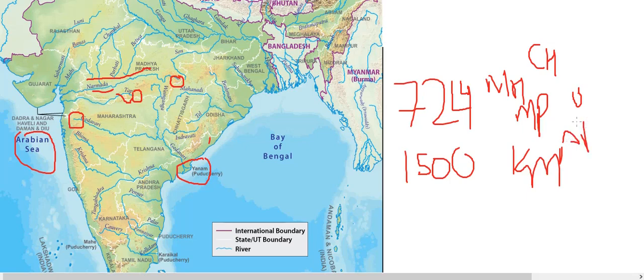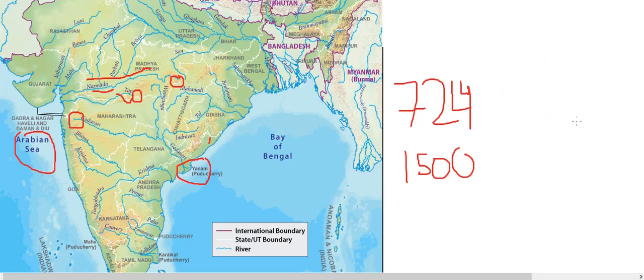Okay, so it's a very important river for peninsular India. Many dams and irrigation projects are under this system. Okay, this was about the river Godavari.